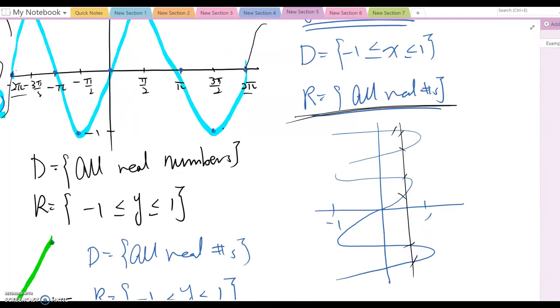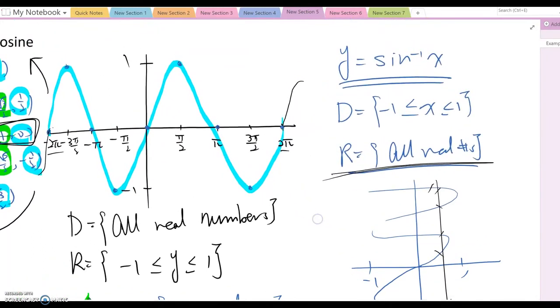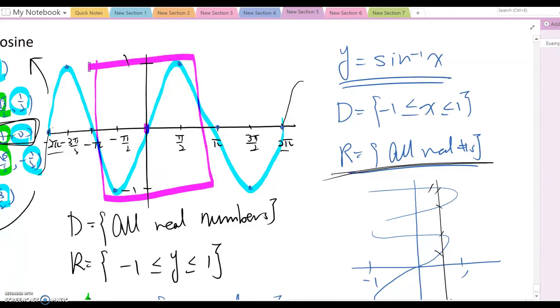So we have to find some range where we can make it a function. So when you look at here, centered on this origin point, we can make this one limited. Then we can say it is kind of a function.